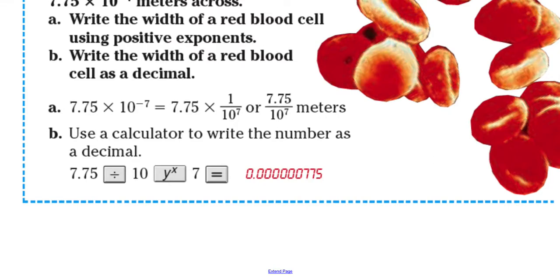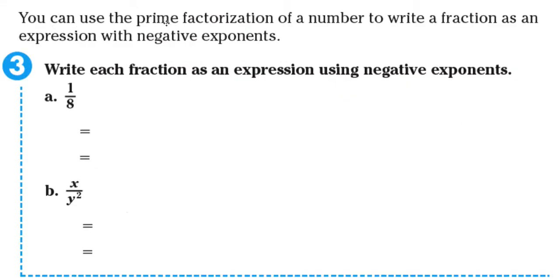Okay, example number 3. Before we do example number 3, you can use prime factorization of a number to write a fraction as an expression with negative exponents. So we want to write a fraction as an expression using negative exponents: 1 over 8. Copy the problem. We know that 1 over 8 is the same as 1 over 2 cubed.